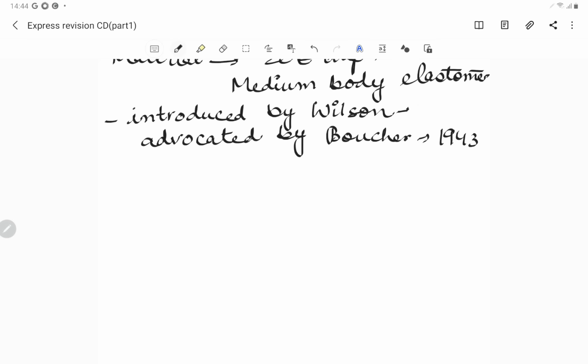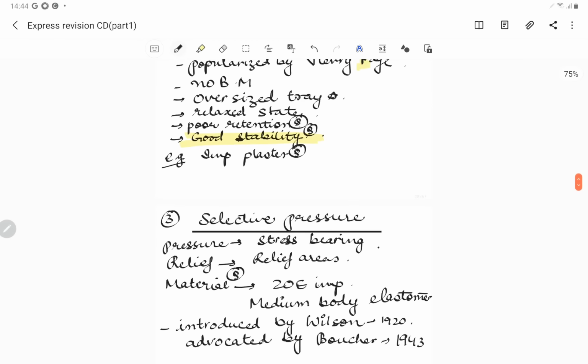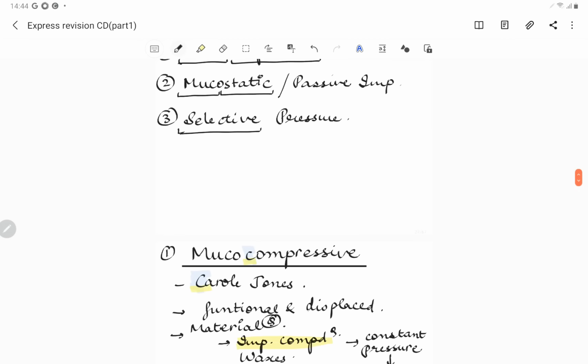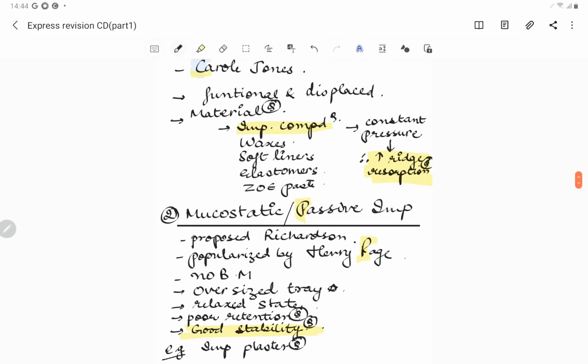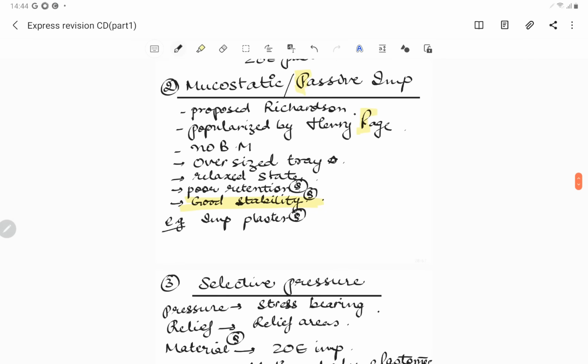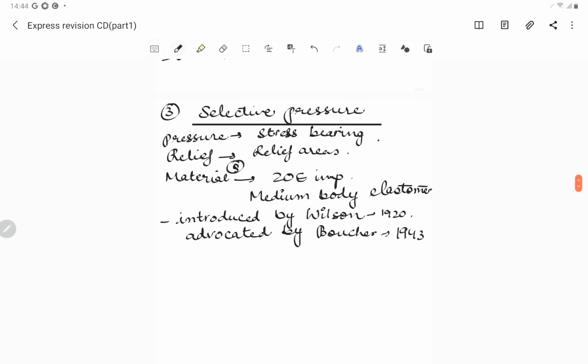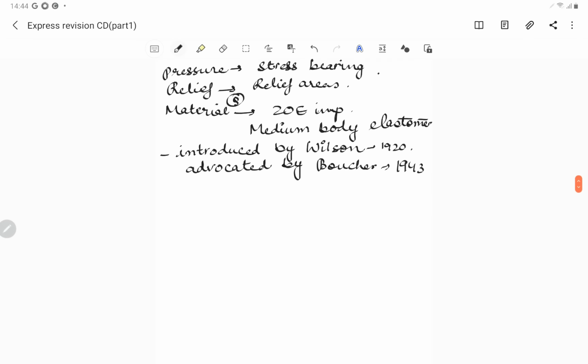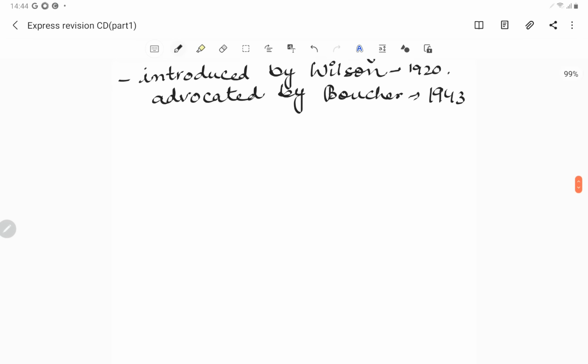So this is about the impression theories. We have covered mucocompressive, Carl Johns, CC is there, mucostatic, which is the passive impression, then Page, and then selective pressure impression by Boucher, which is the complete denture book which we all know.